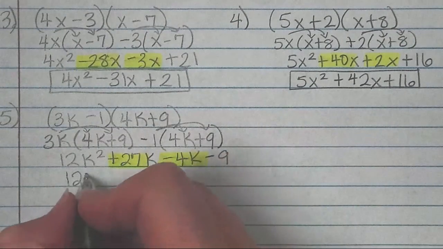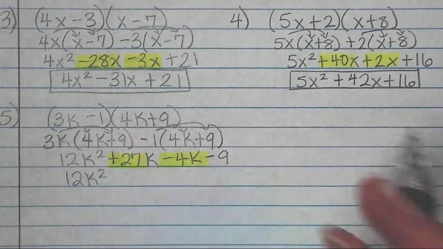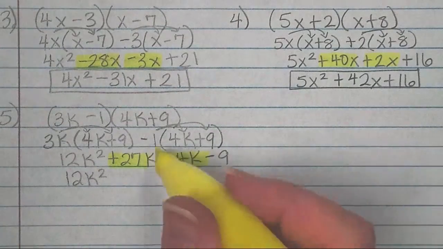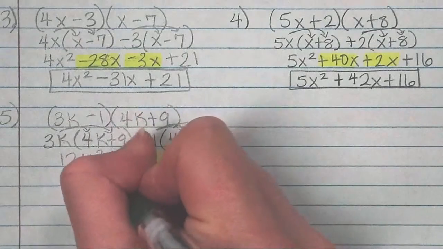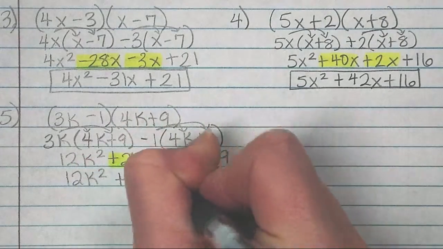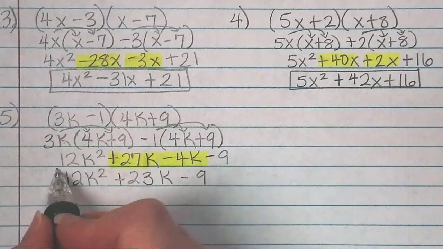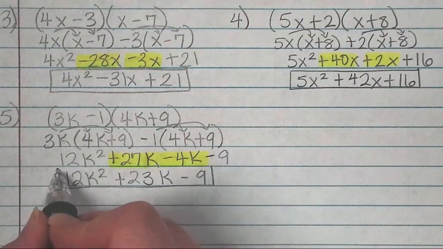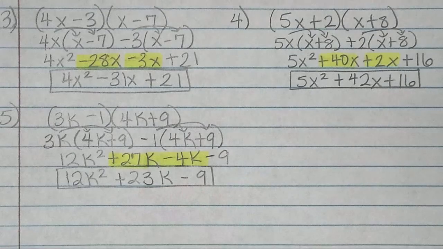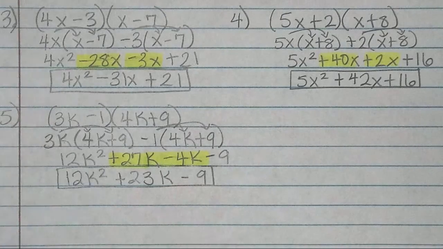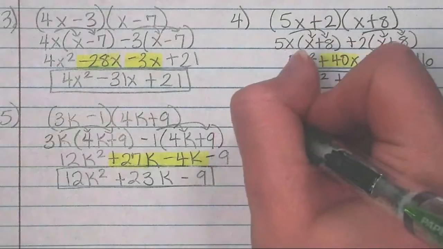So we have our 12k squared. And then, I missed my k when I highlighted here, didn't I? Positive 27 minus 4 is positive 23k. And then you bring down your minus 9, and you're done. Notice that every time I finish, I've got everything in standard form. If it wasn't in standard form, you would have to put it in standard form. Okay, let's do another one with this method.